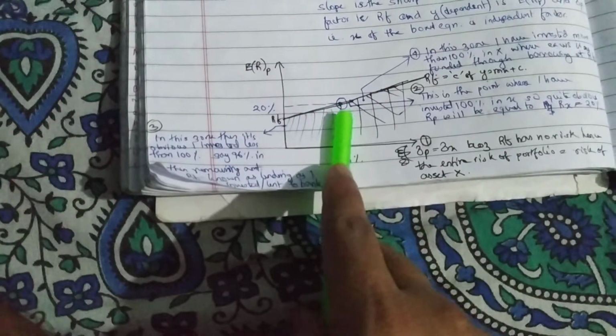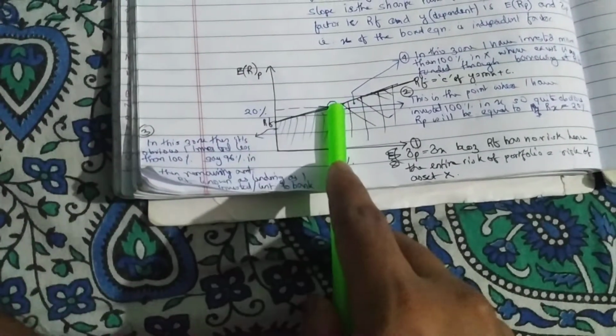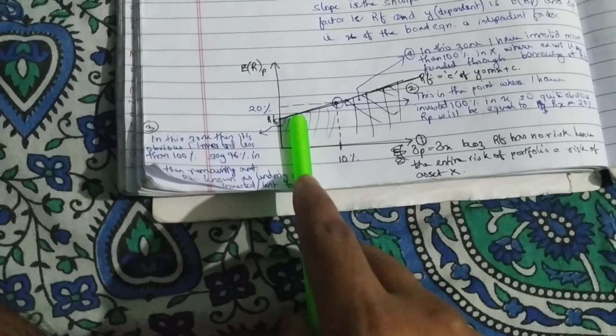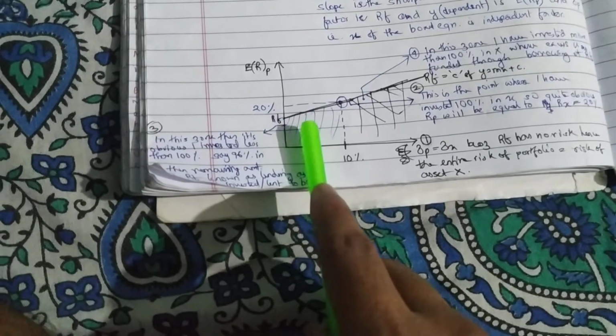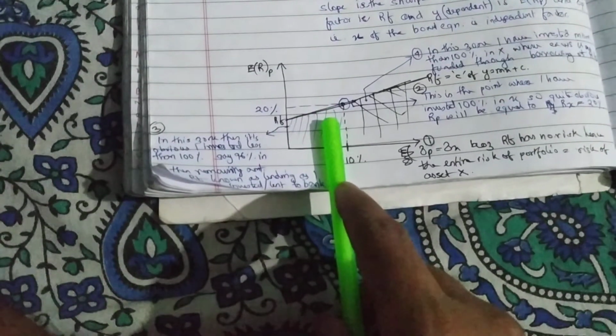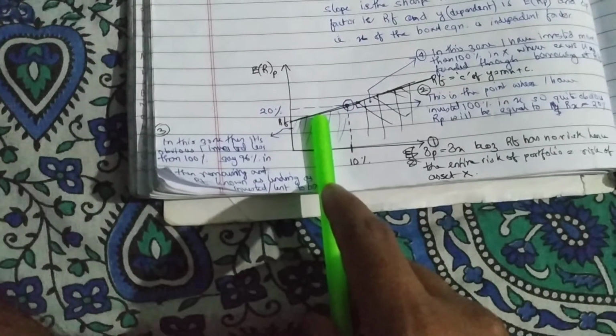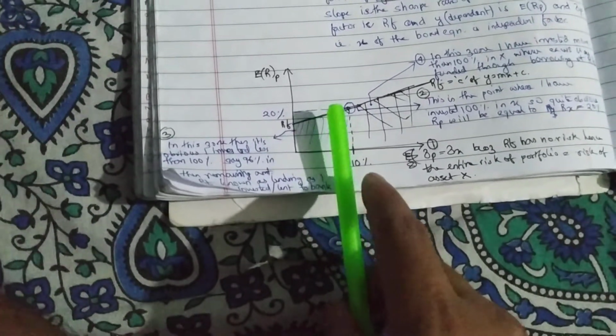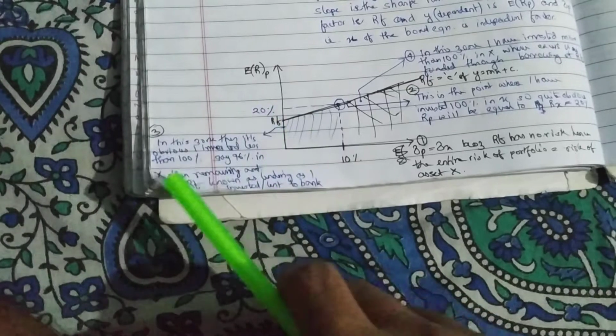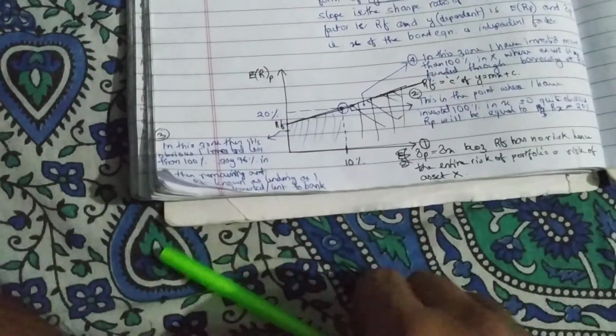Now the zone to the left of this point is the portion where an investor has invested less than 100% in the risky asset. So the balance fund he has invested in the risk-free asset at RF, right?